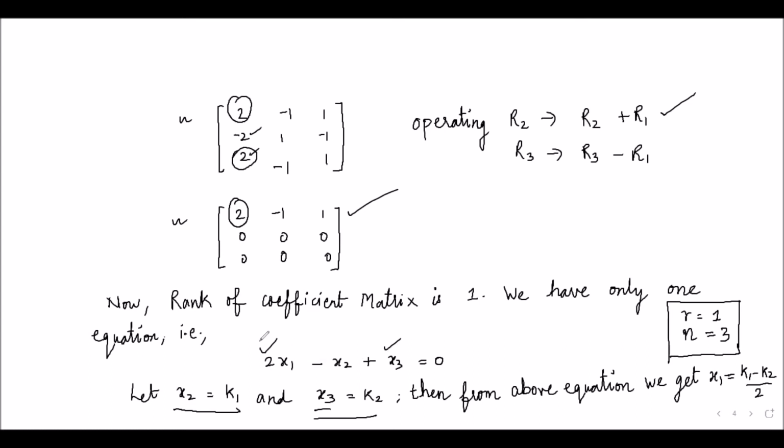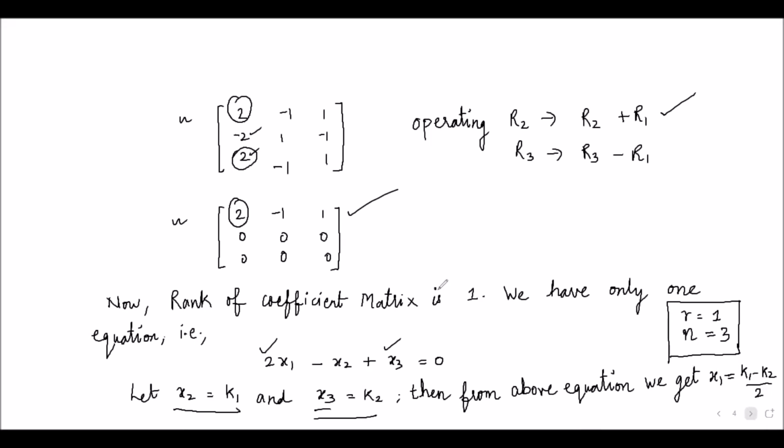Now, we have only one equation, and if we put these free variables here, x2 as k1 and x3 as k2, then we can find this third unknown, which is x1. So by considering x2 as k1, x3 as k2, x1 will be given by (k1 minus k2) whole divided by 2.